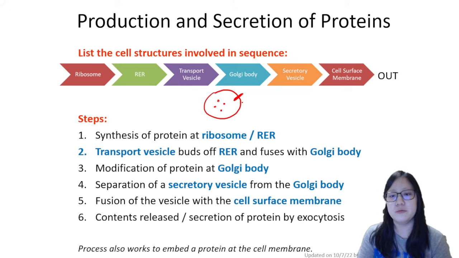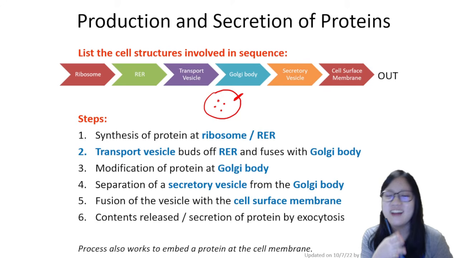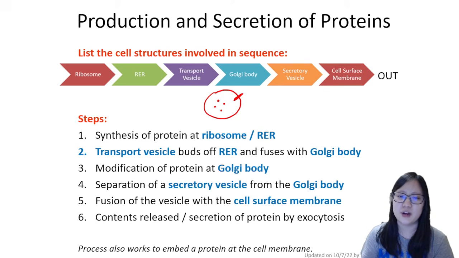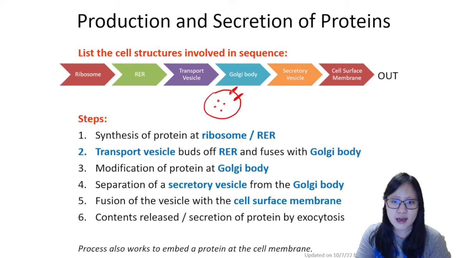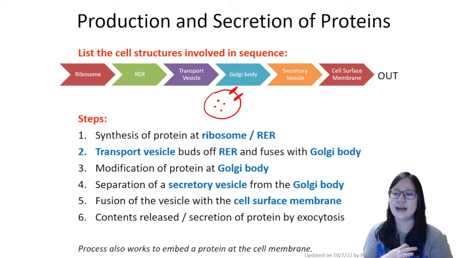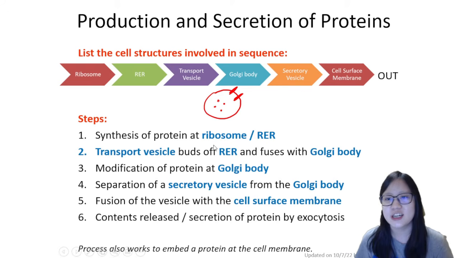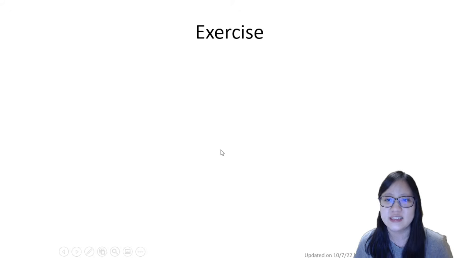So that protein becomes a cell surface membrane protein just by being in the phospholipid bilayer of the vesicle instead of the inside. Ta-da! That is the production and secretion of proteins.